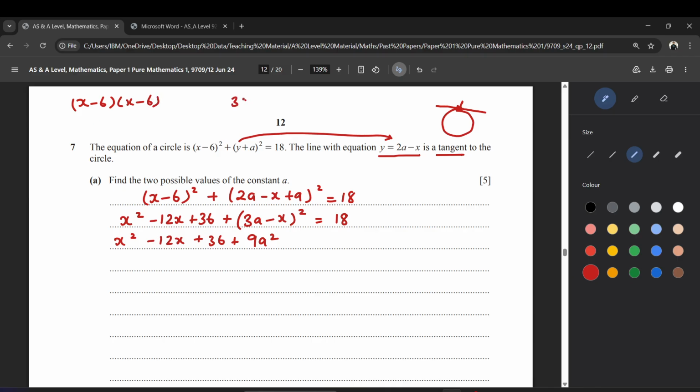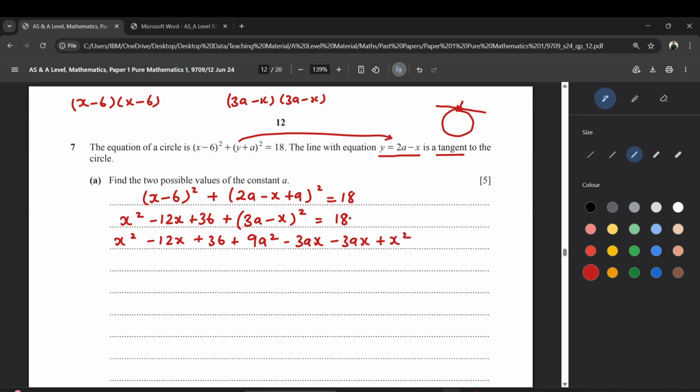If I now expand 3a − x, we can see 3a times 3a, that would be 9a². 3a times −x, that would be −3ax. And then −x multiplied by 3a, again we have −3ax. Then −x times −x, that would be positive x².